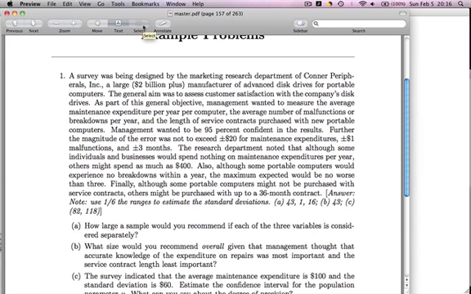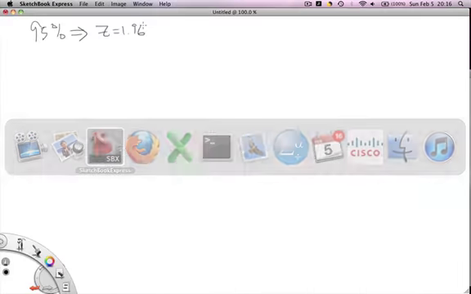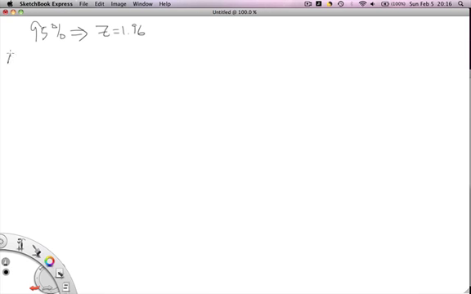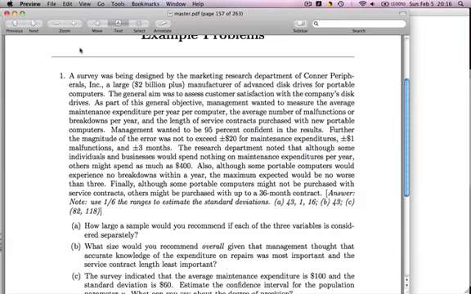Further, the magnitude of the error was not to exceed plus or minus $20 for expenditures. Let's scribble that down as well. So here's maintenance. I'll just abbreviate that. Maintenance error is equal to plus or minus $20. And then $1 for malfunctions and 3 months for the service contract.